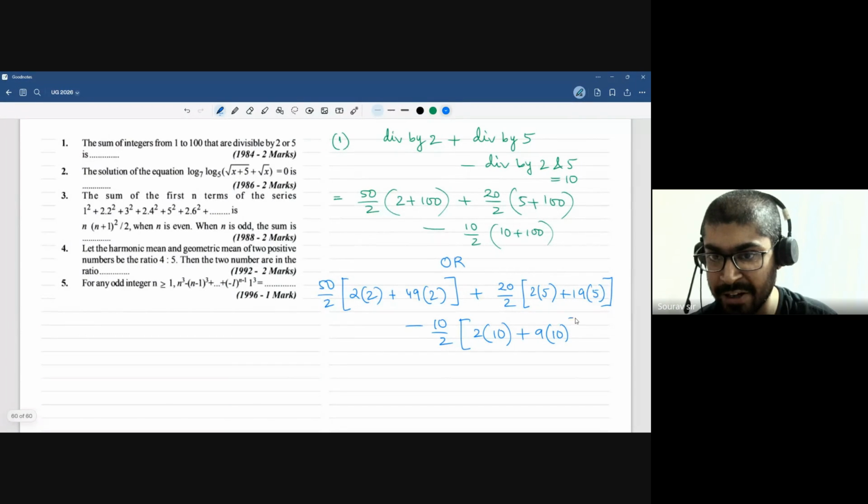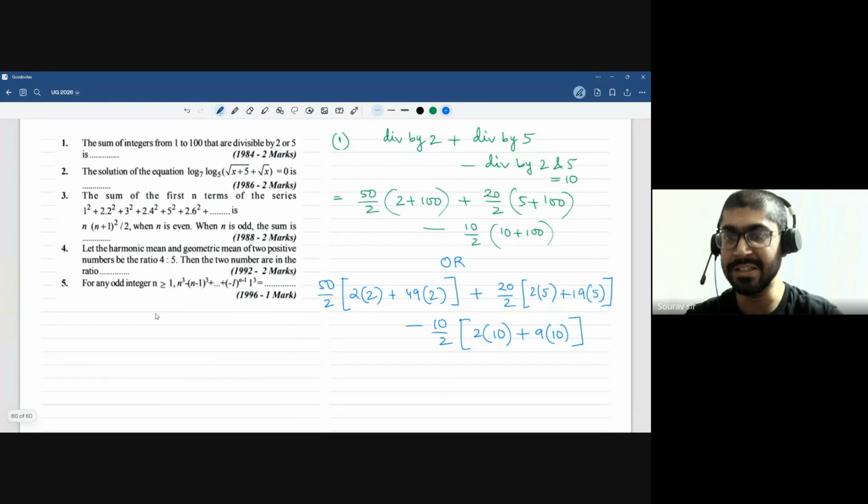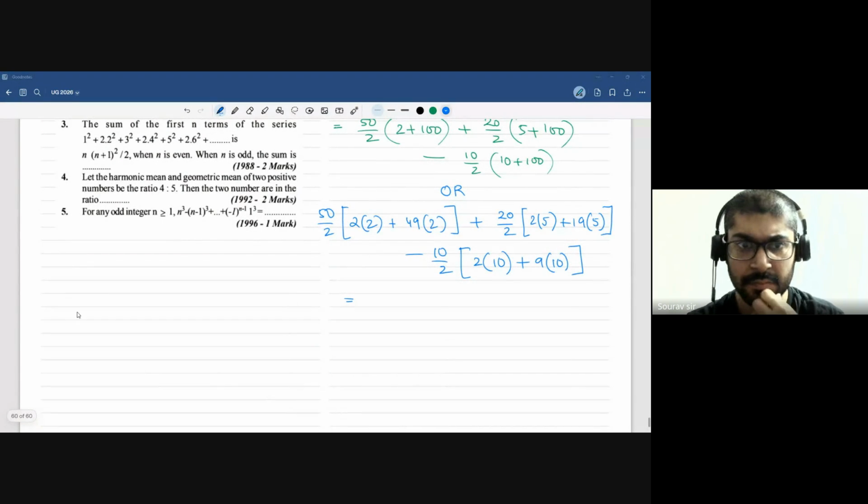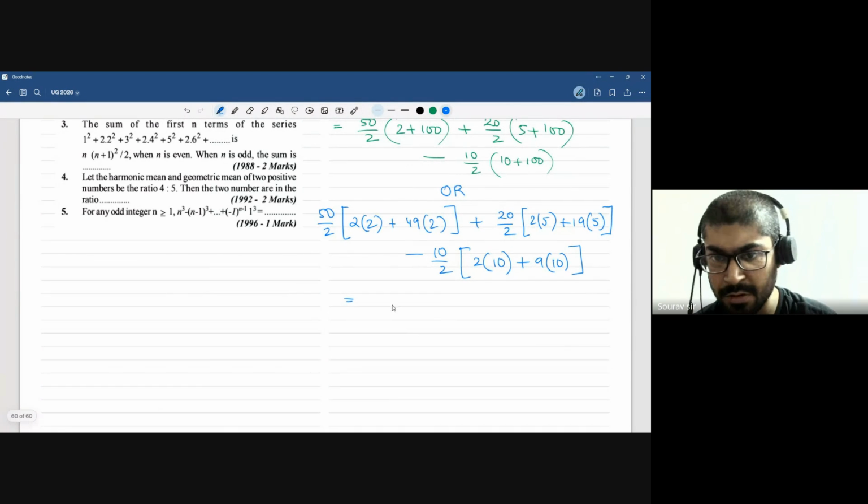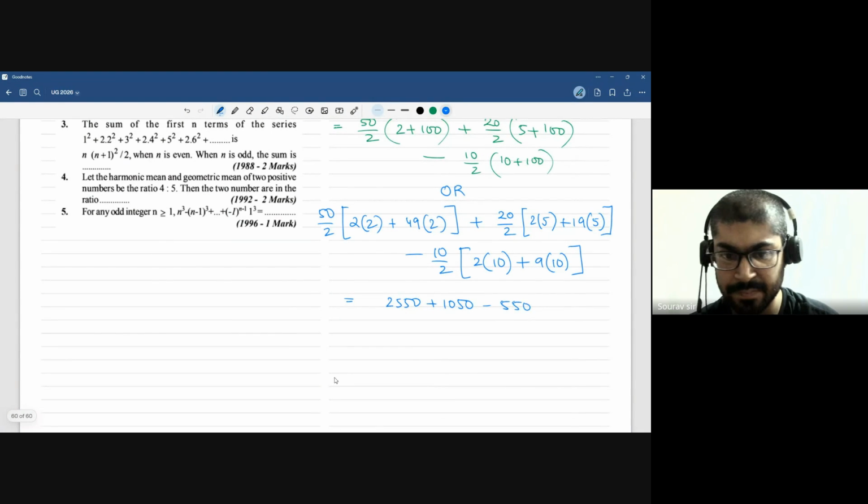Again, the sum will be 110, right? Both of these are correct, and you solve this, you will end up with the numbers 2550 plus 1050, so 2550 plus 1050 minus 550, I think. Yeah, that will give you 3050.